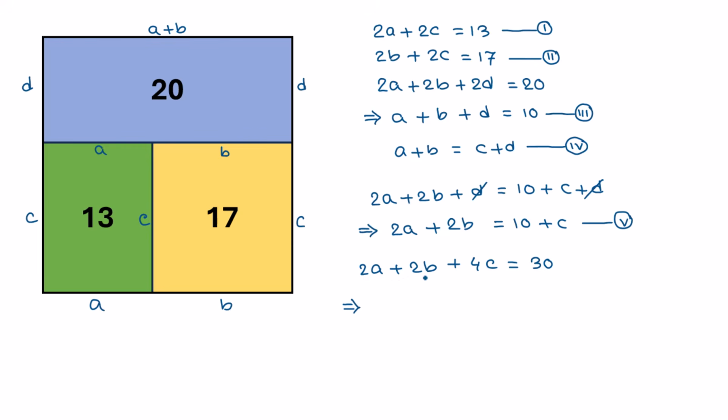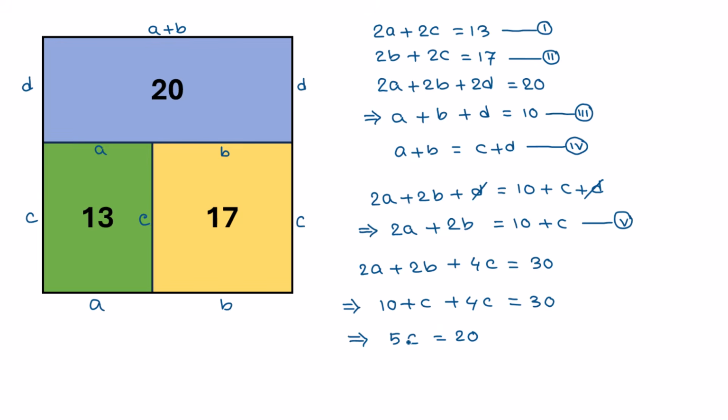So substitute twice A plus twice B as 10 plus C. We can write 10 plus C plus 4C is equal to 30. Or C plus 4C, this is 5C, is equal to, taking 10 to the right side, 30 minus 10, which is 20.